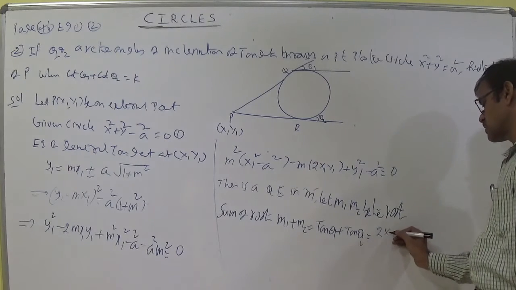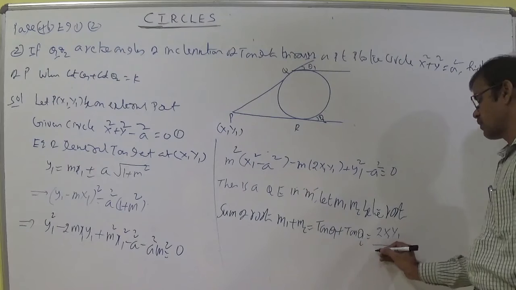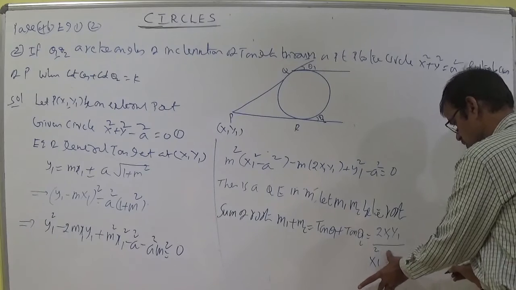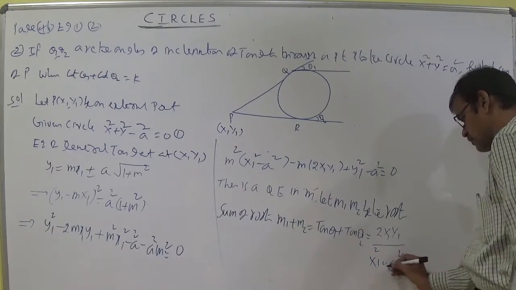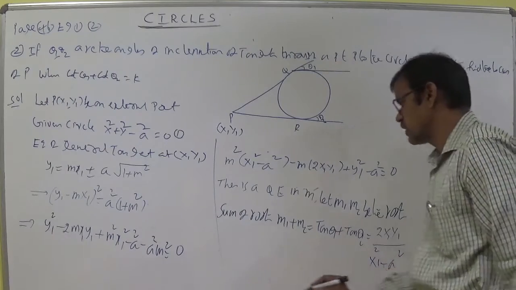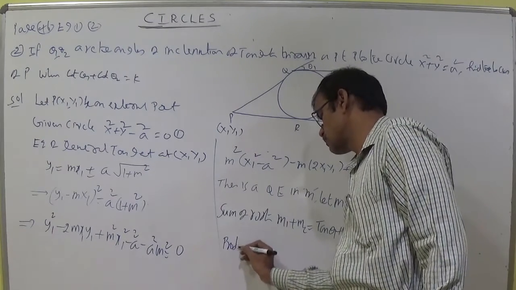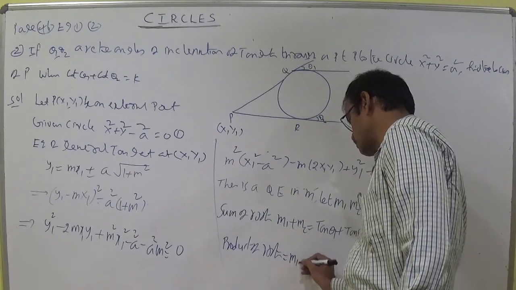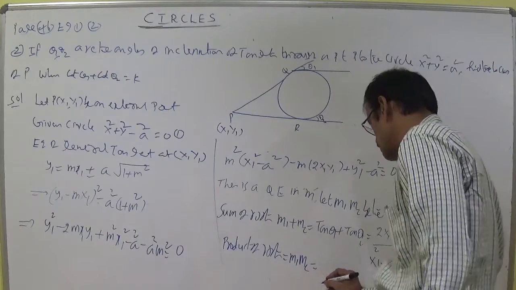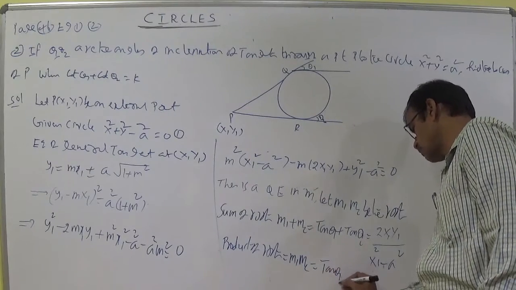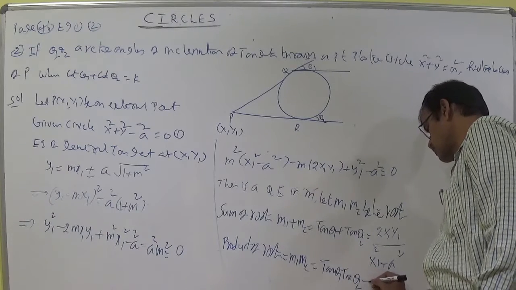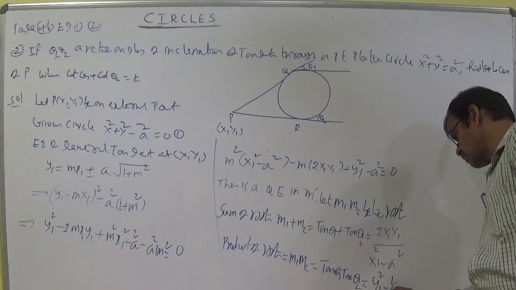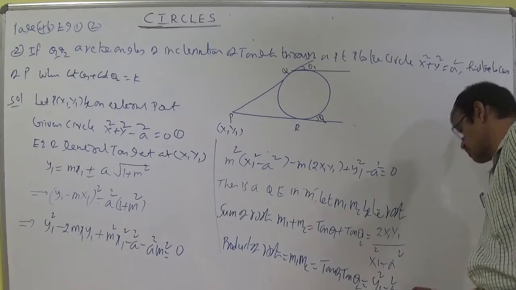The sum is minus b by a, so 2x1 y1 by x1 square minus a square. Product of roots m1 into m2, that is tan theta 1 into tan theta 2, is equal to (y1 square minus a square) by (x1 square minus a square).